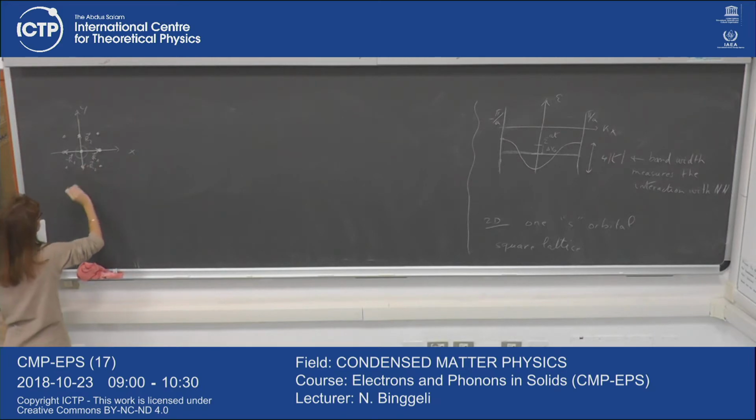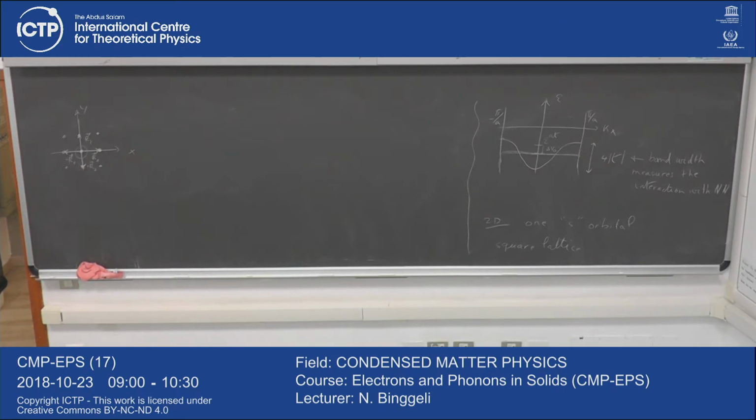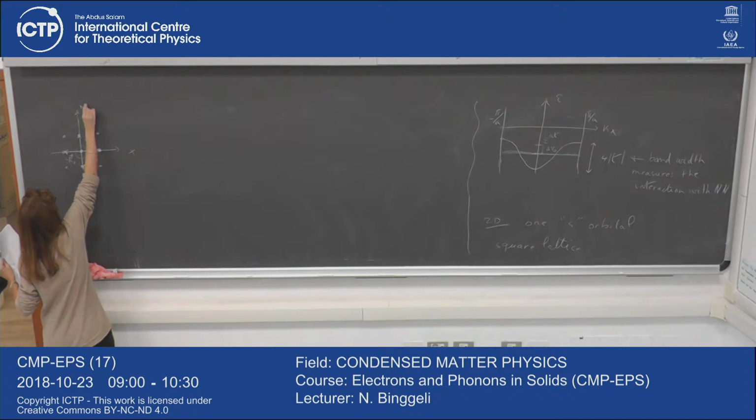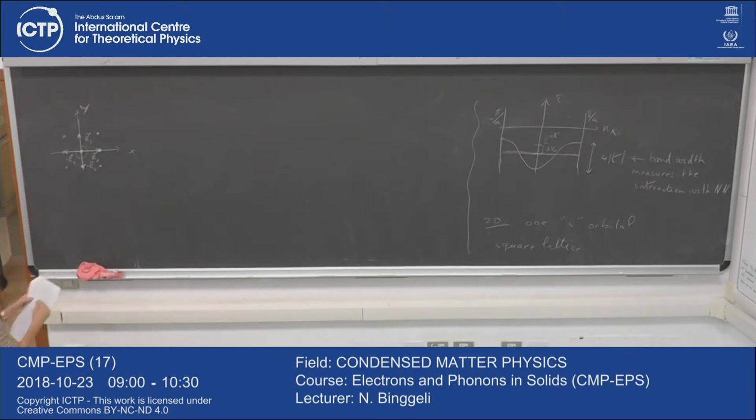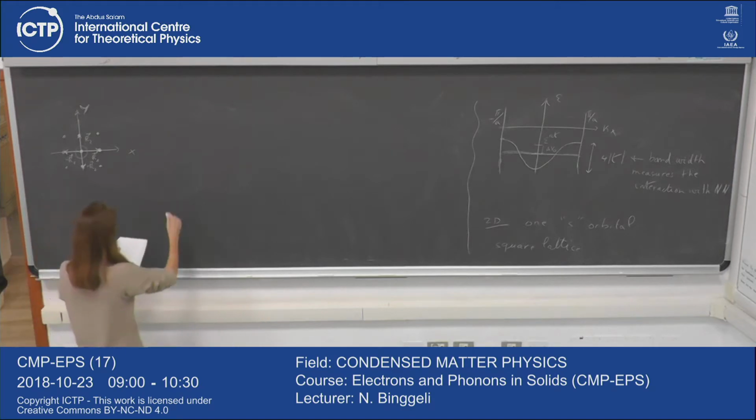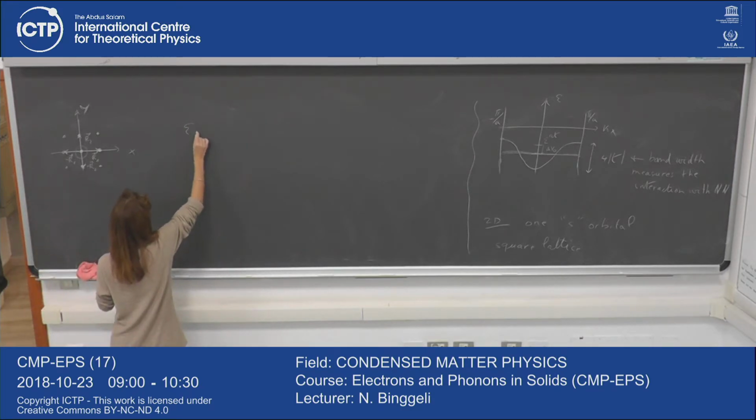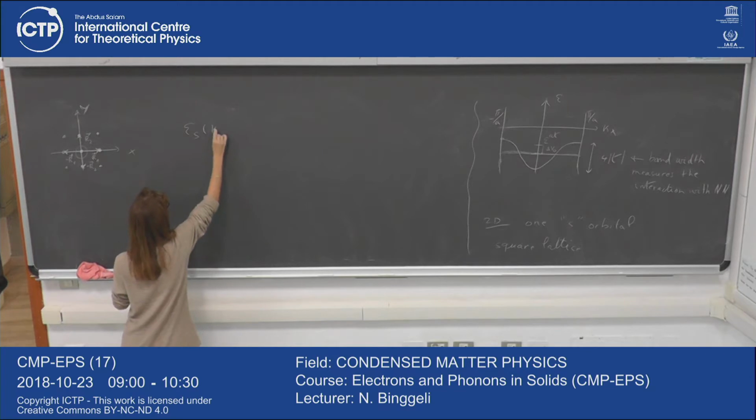So these are my 4 nearest neighbors that I will consider in the sum of lattice terms in the diagonal part of the tight-binding H matrix.